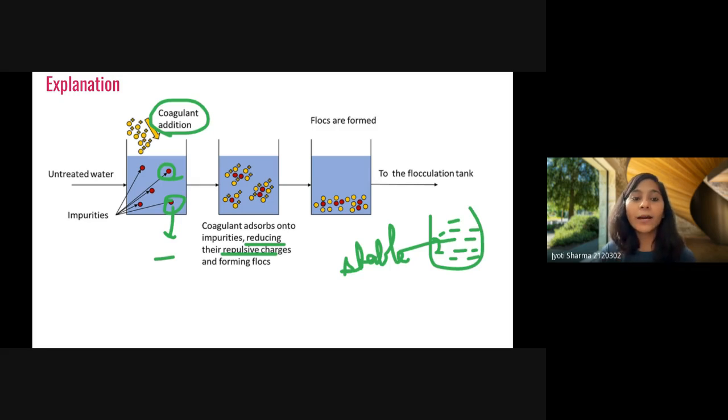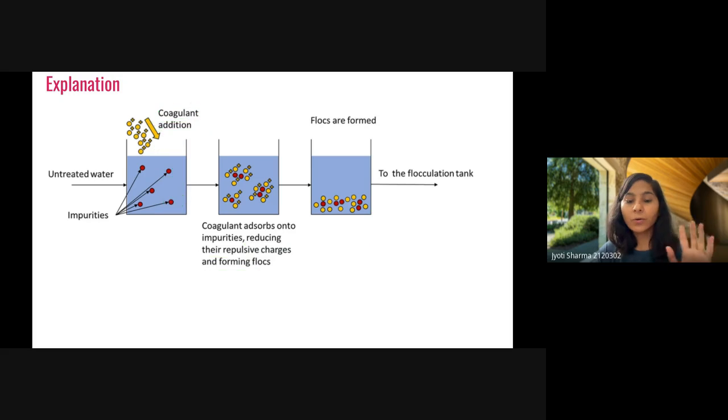But if we are adding coagulant, then this will remove this negative charge and neutralize it. So this will reduce their repulsive charge, and this will form some flocs. After that, these flocs will be formed, and we can remove them by sedimentation or some other step that we will discuss. So right now, you people are aware why we are using coagulants, or why we do have that step, coagulation, to treat the wastewater or the surface water.